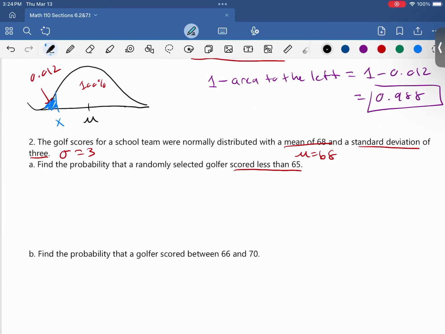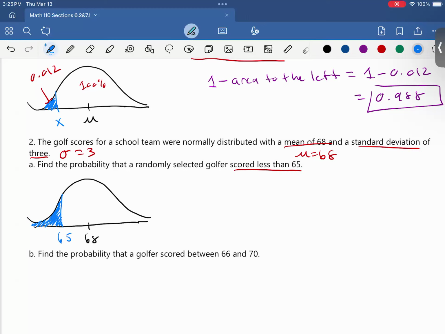First thing is to draw our distribution. Here's our distribution. Our mean is 68, and we're looking at a score of 65. So here's 65, and it's saying scored less than 65, so we're going to shade below 65.